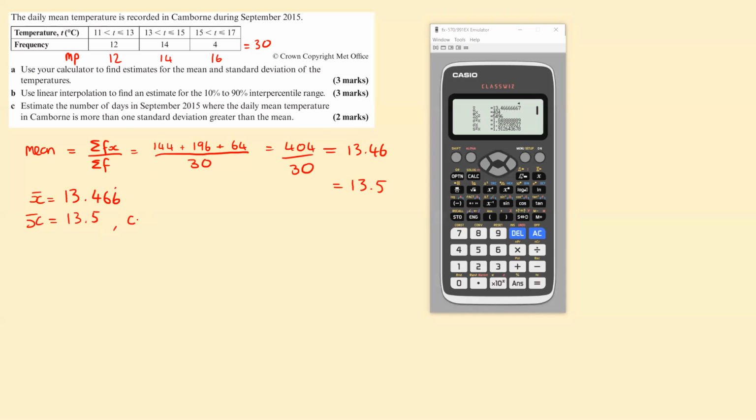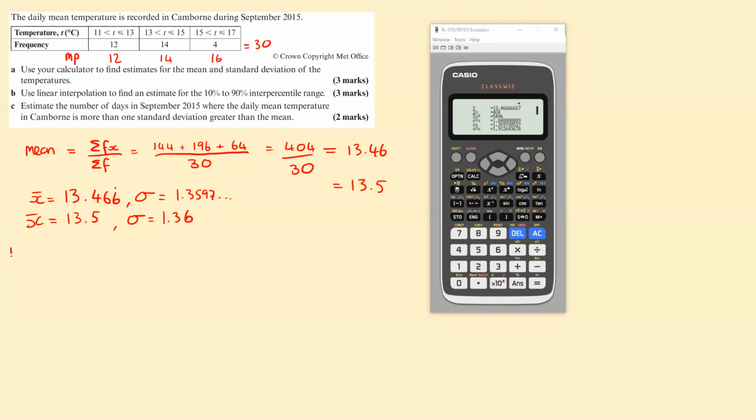And the standard deviation, just further down here, is 1.3597, which again, I'm just going to round to 1.36. There we go. And that's it for part A.